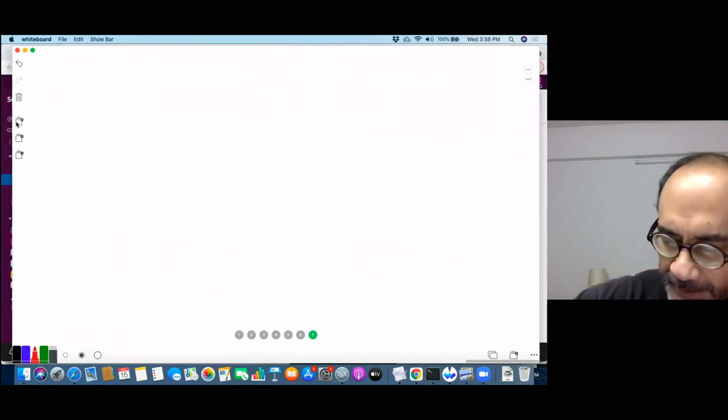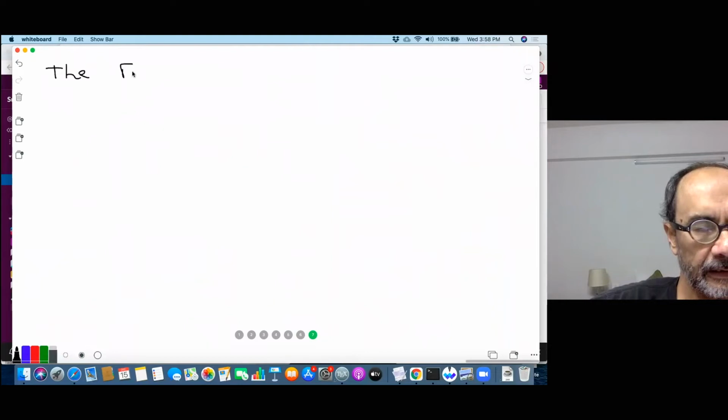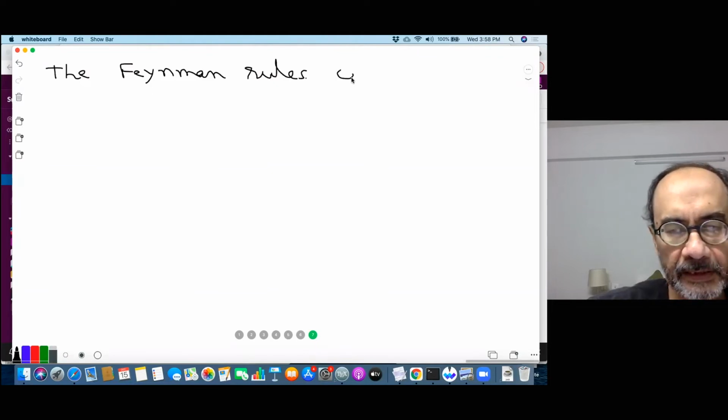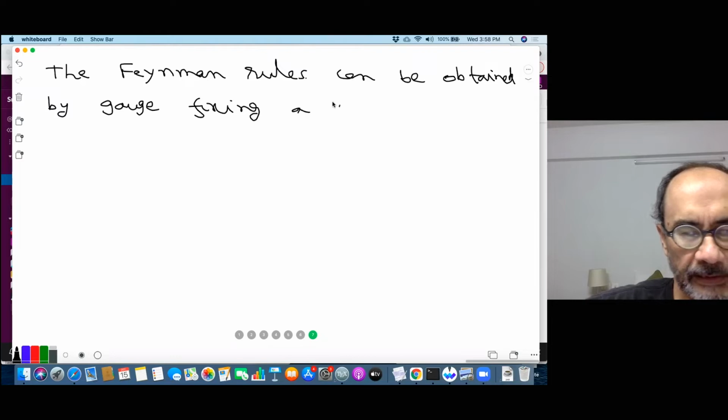Okay, so now I'm going to state something without proving it. It turns out that these Feynman rules that we obtained can be obtained by gauge fixing a gauge invariant string field theory.